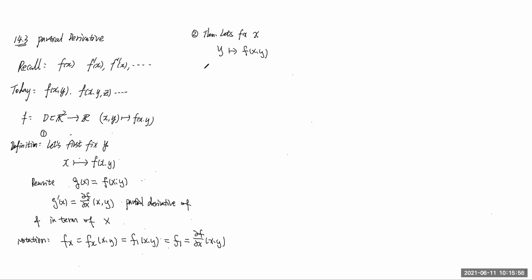The same, we can rewrite it as h(y), which is f(x, y), just keep in mind x is fixed. We can compute the derivative with respect to y, right? And this is written as partial y of (x, y).